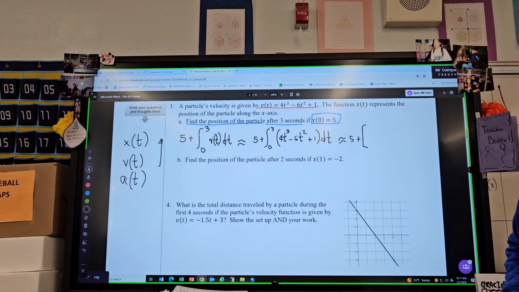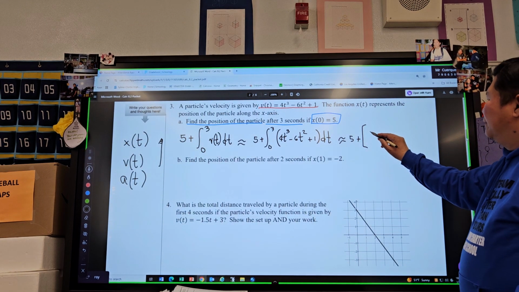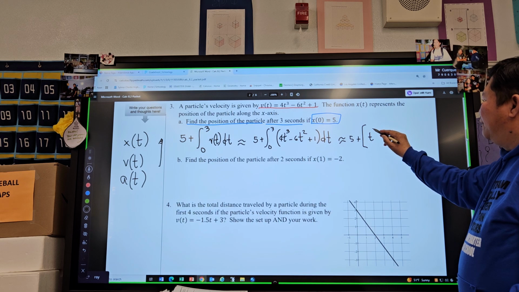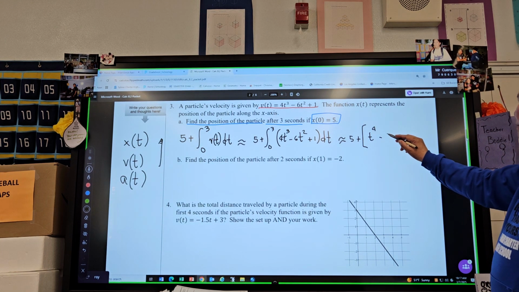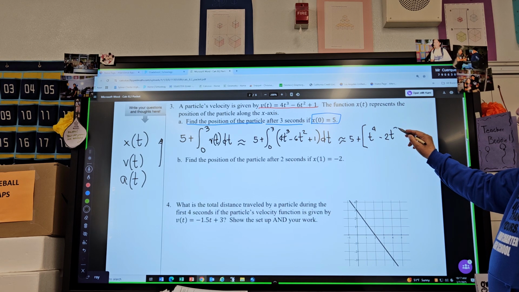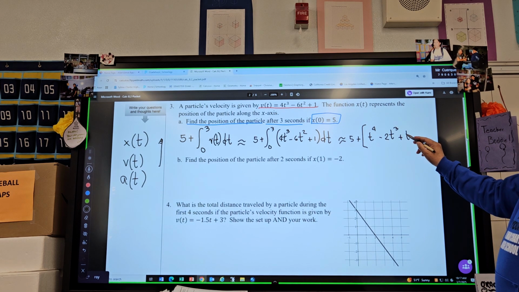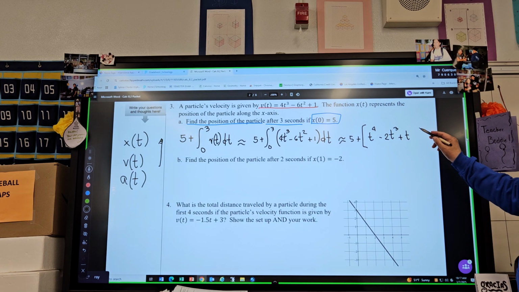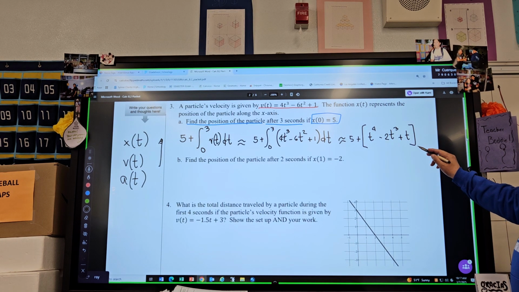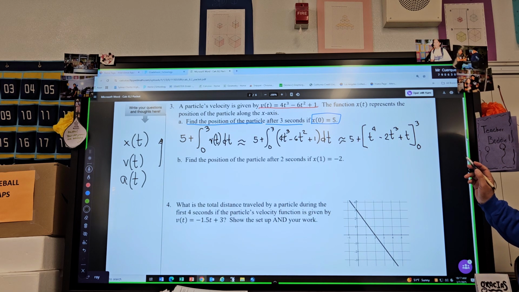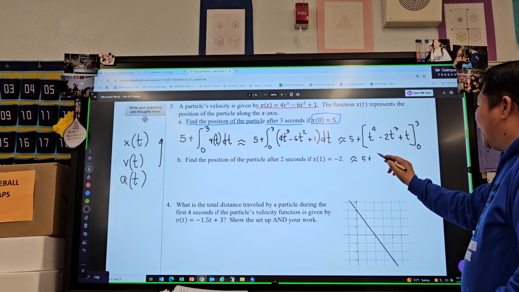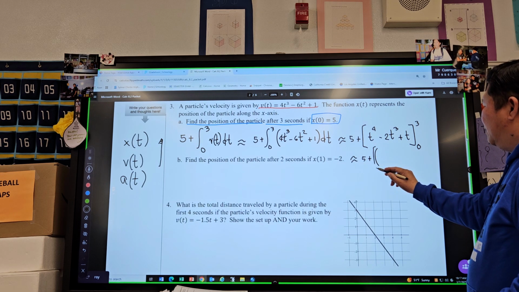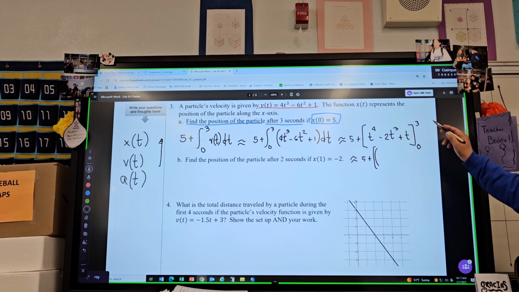So this is now 5 plus t to the power of 4 minus 2t to the power of 3 plus t, evaluated from 0 to 3. So 5 plus, let us plug in now 3, the upper limit.